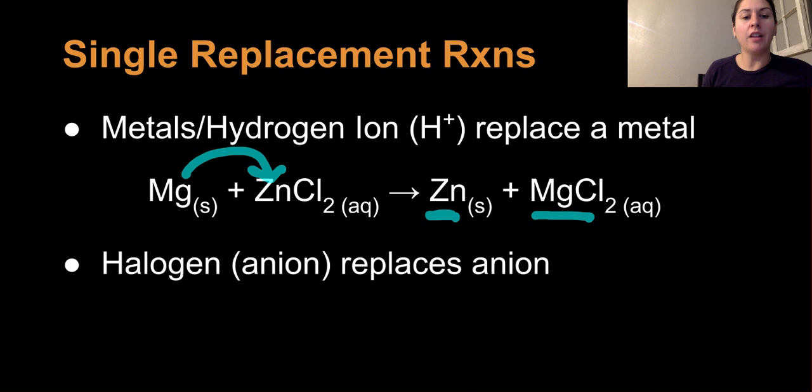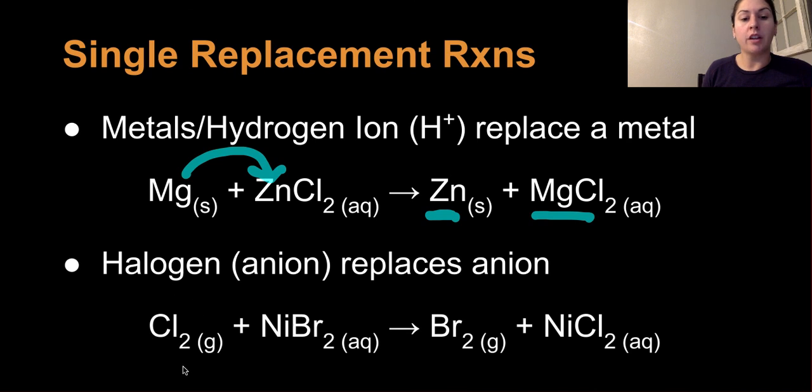So the halogen is an anion, and it will replace the anion that's in the compound. And so we see here chlorine, it cannot replace nickel. It has to replace bromine because those are the two things that are equivalent. So here's where the anion replaces the anion and the cation replaces a cation. And that's a pretty important concept.